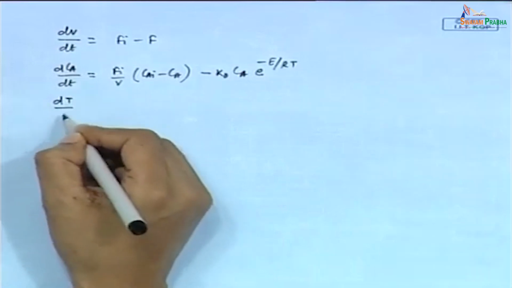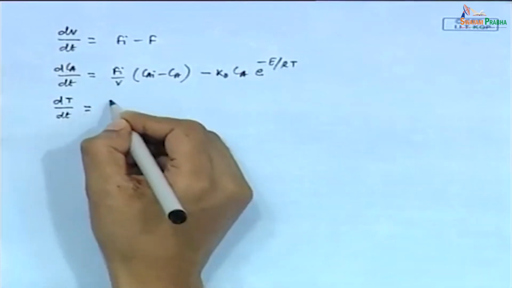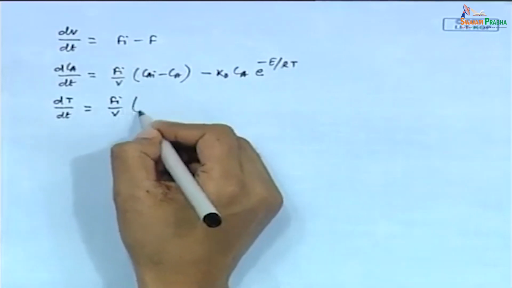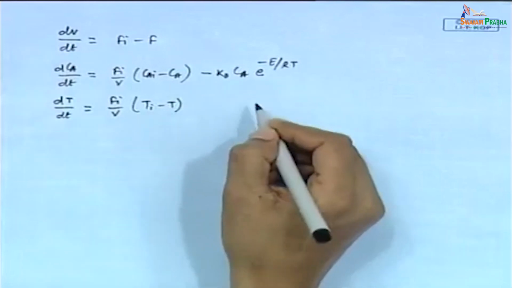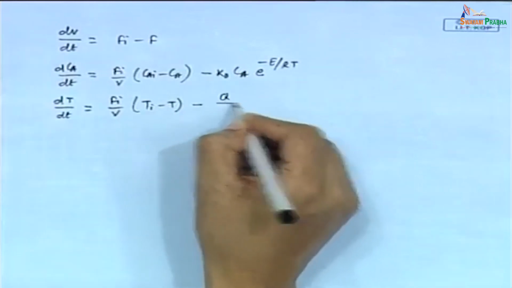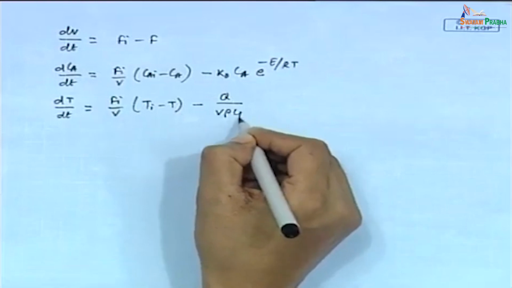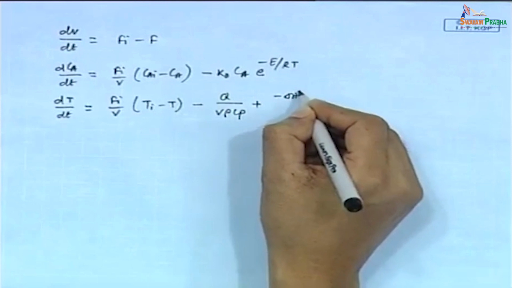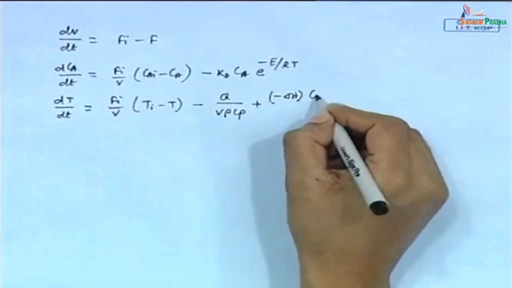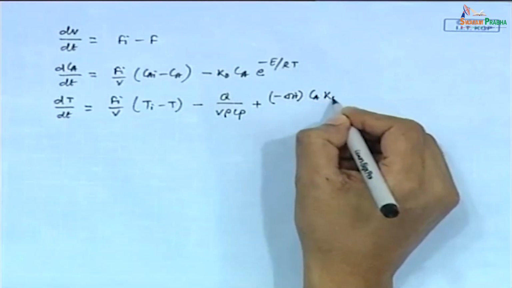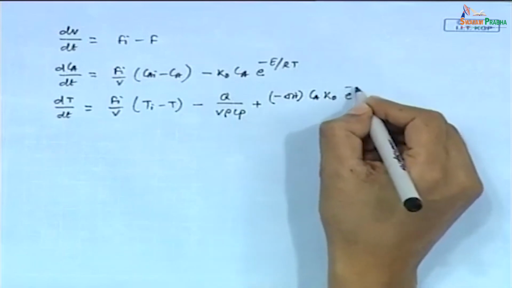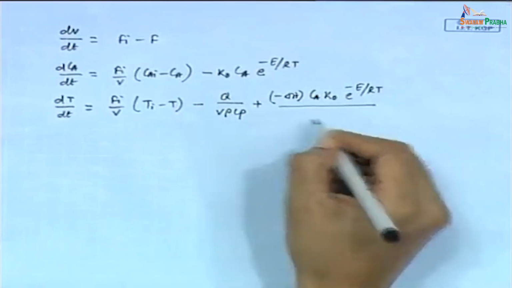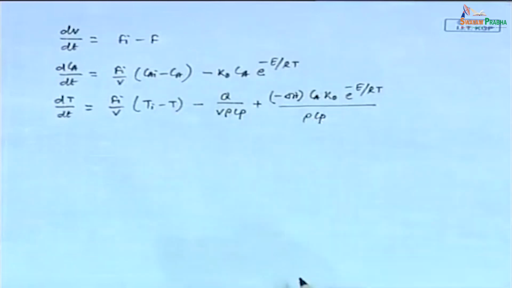And the energy balance equation is dT/dt equals Fi by V into (Ti minus T) minus Q divided by V rho Cp plus minus del H, CA k naught exponential of minus E divided by RT, whole divided by rho Cp.